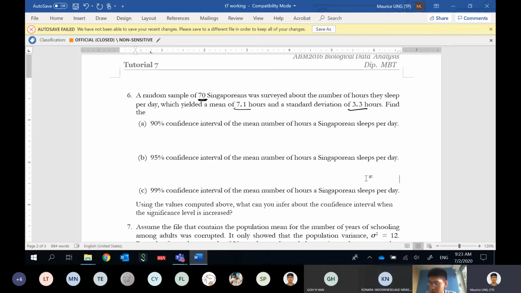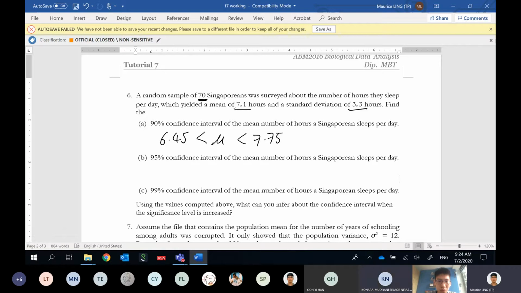Yep, 6.45 and 7.75, correct. Now, did you use a normal Z table or a T table? I used T. You use the T distribution.